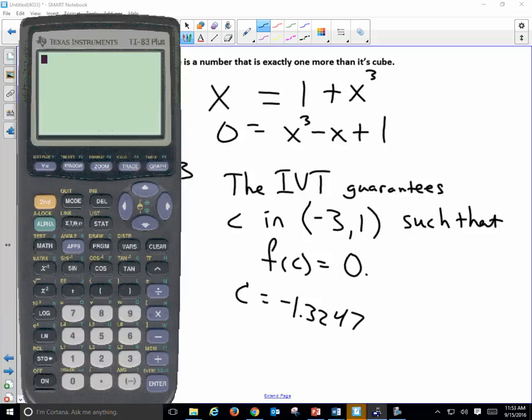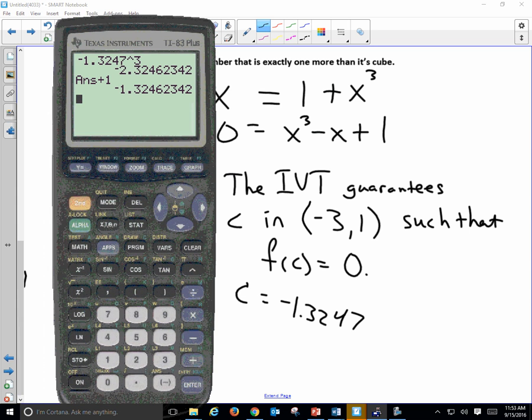Well, that number is supposed to be one more than its cube. So I'll take negative 1.3247 and I will cube it. And then I will add 1. Did I get my original number? Yeah. So that's the number that's exactly one more than its cube. Proved it.